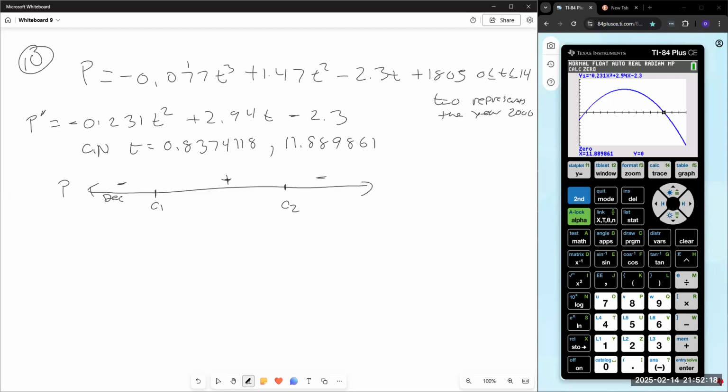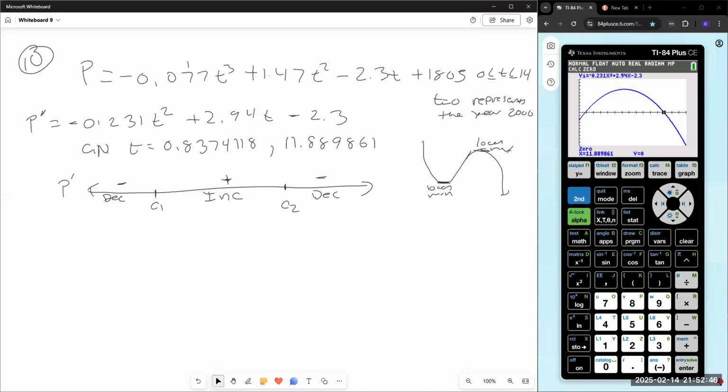So the function P is decreasing, then increasing, then decreasing. There's going to be a local minimum here and a local max here.